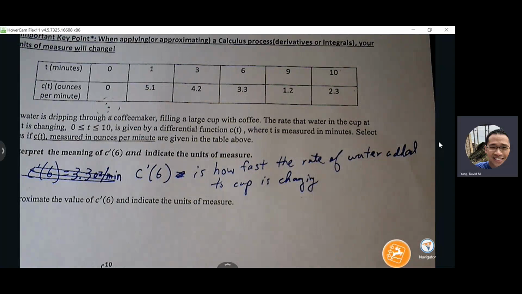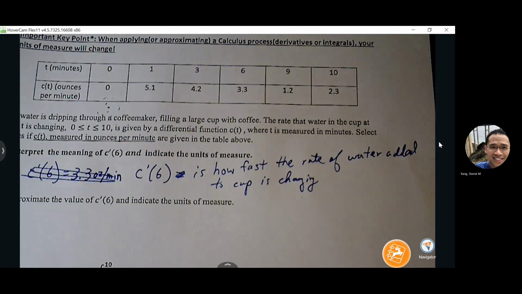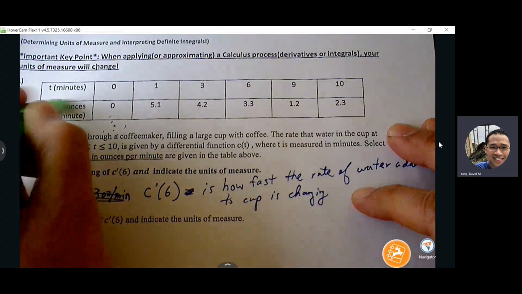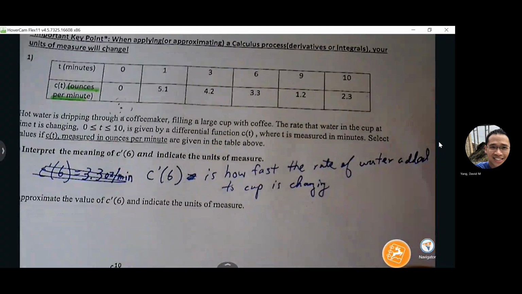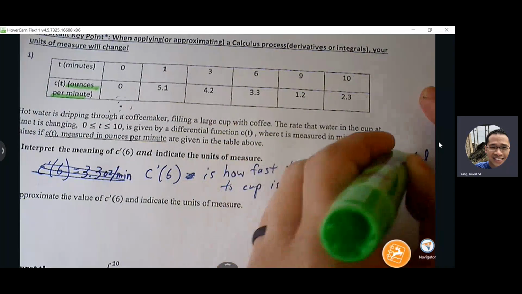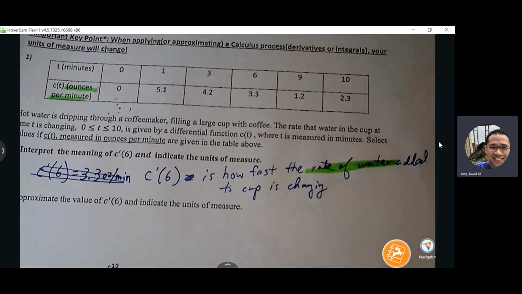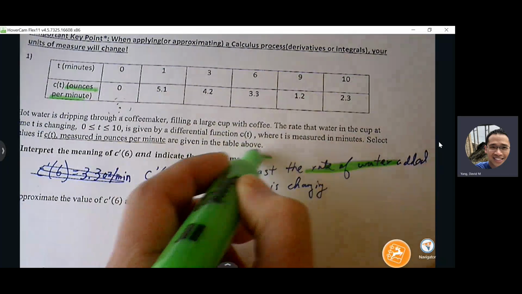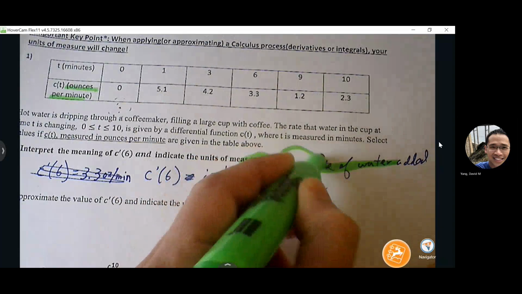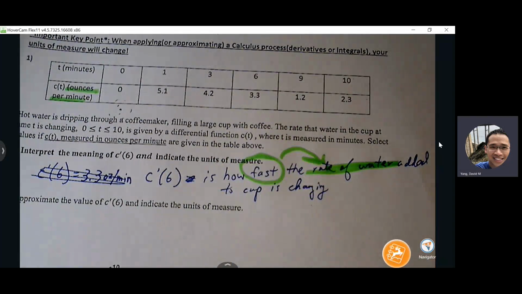So I want to point something out here. C of 6 is already a rate, because we know C is in ounces per minute. So C is just the rate of water added. But then C prime is a rate on top of a rate. So you use the words how fast to indicate that there's a rate going on.